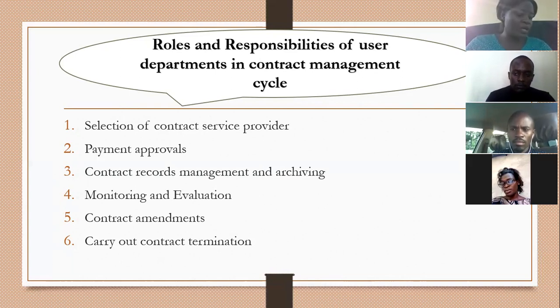We should also consider the attached documents, because there are quite a number of documents, especially relating to previous works of that particular contractor, that are very important to give us an informed decision. And of course, this is not a one-man's show. It's something that is done by a committee. We may have the chairperson of the committee, the secretary of the committee, and then 3 other members that will decide on the process of selection of a contract service provider.